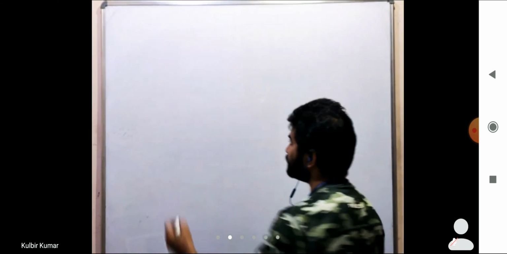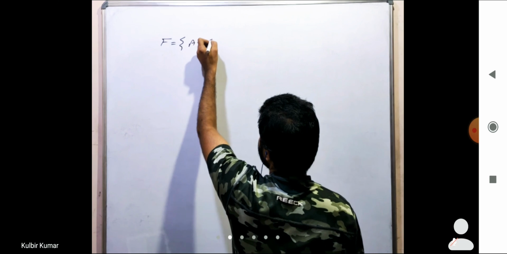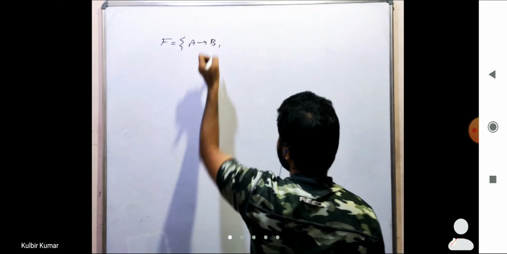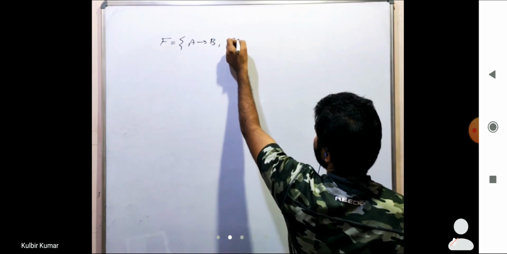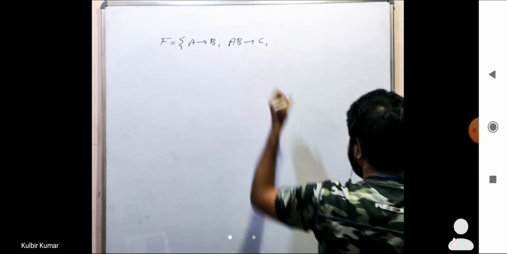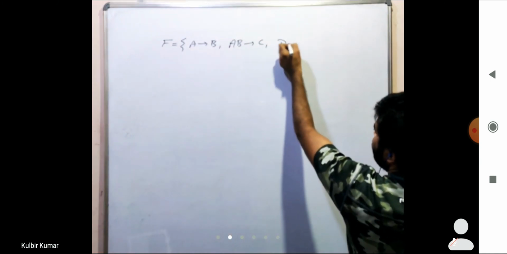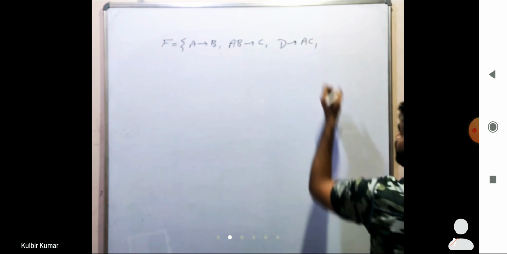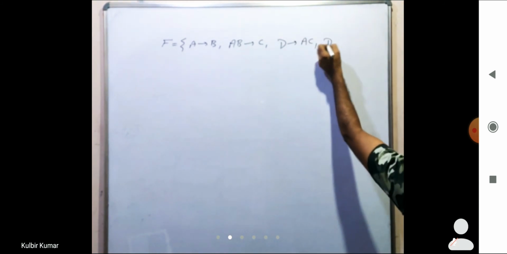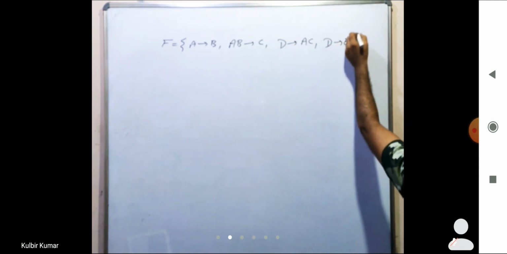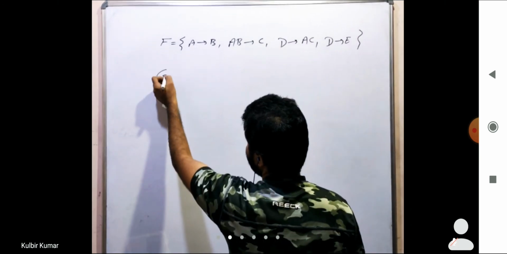F is given as A goes to B, AB goes to C, D goes to AC, and D goes to E. This is the functional dependency set given, and another functional dependency set is given.